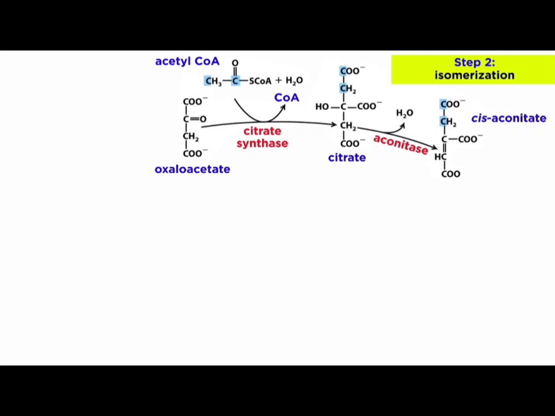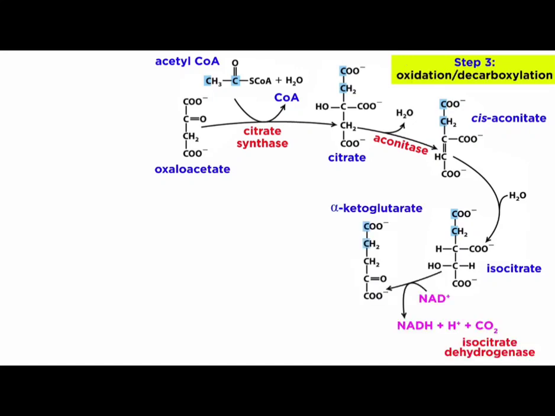Now we have another enzyme, aconitase. The aconitase enzyme acts on the substrate citrate, removes water from the citrate, and produces cis-aconitate. Then isomerization takes place in the third step, and the aconitase enzyme acts on the cis-aconitate, adds a water molecule, and produces isocitrate. The isocitrate is a substrate for the isocitrate dehydrogenase enzyme.